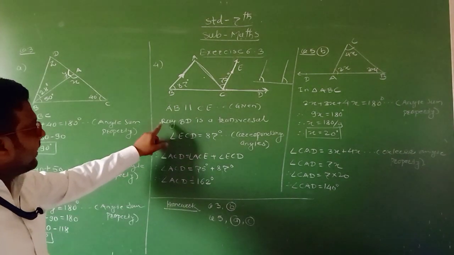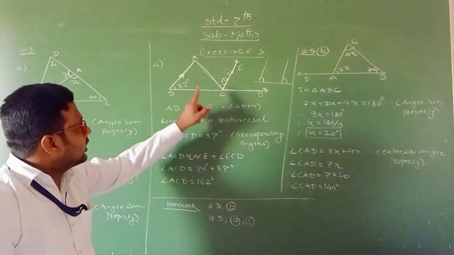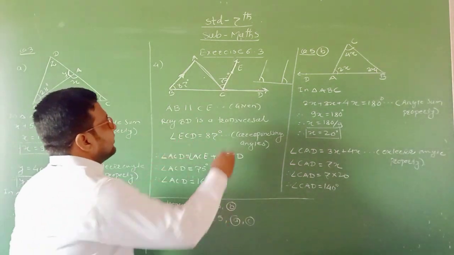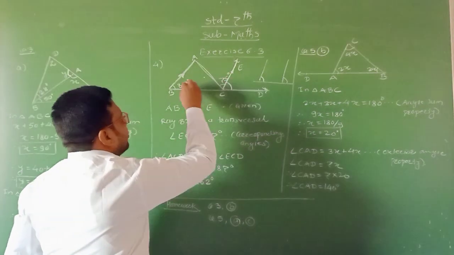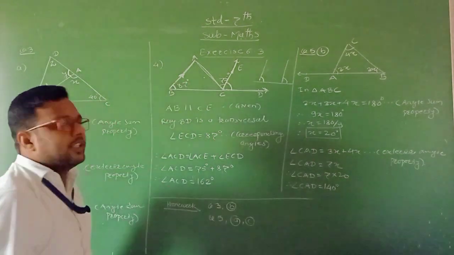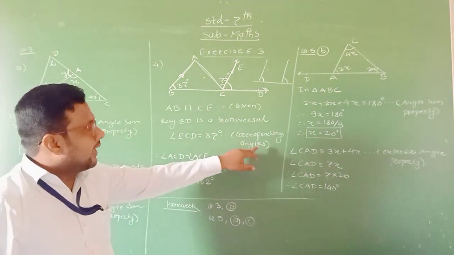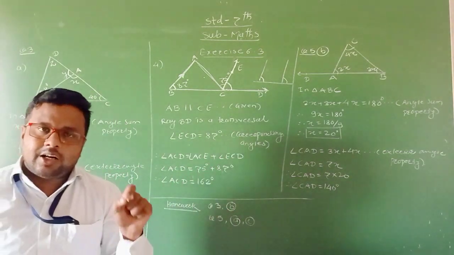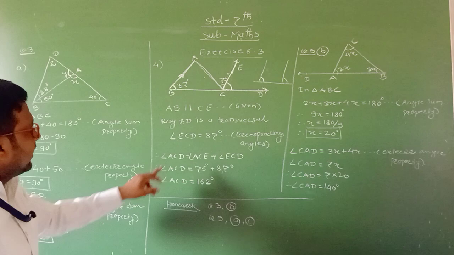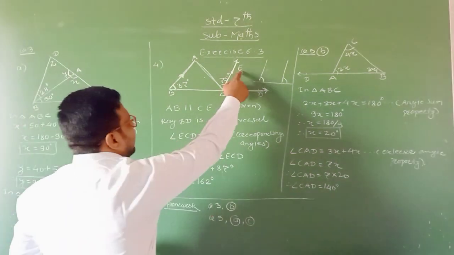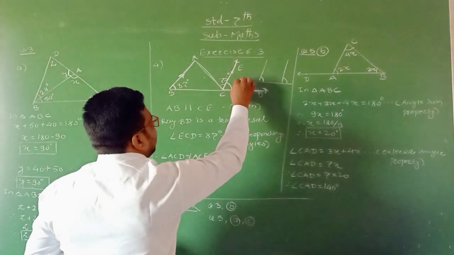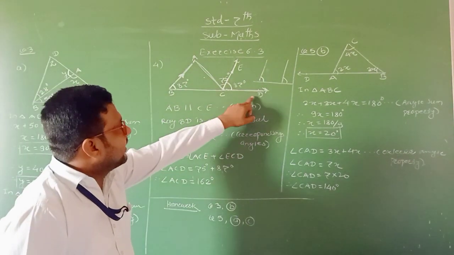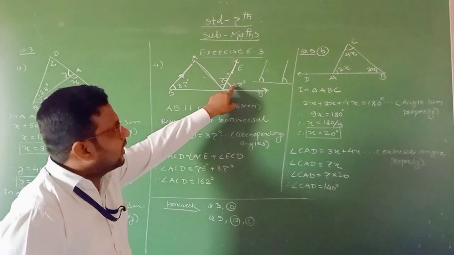Therefore, angle ECD is equal to this angle, that is 87 degree. Corresponding angles formed by parallel lines are equal or congruent. Therefore we get angle ECD is equal to 87 degree.